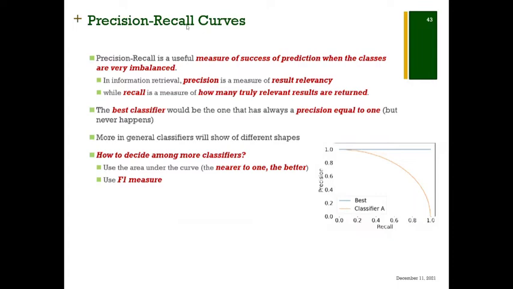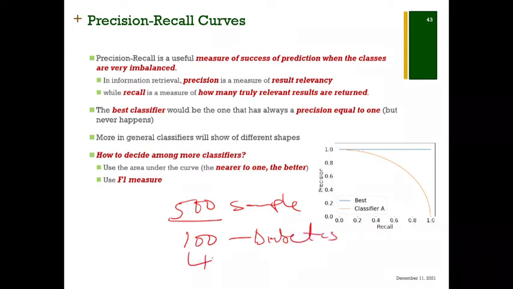So we can use precision-recall curves. We said this measure is usually needed when the classes are very imbalanced. When we say classes are imbalanced, it means, let's say you have 500 samples in your data. Out of the 500 samples, 100 are diabetes patients. The remaining 400 are non-diabetes patients.